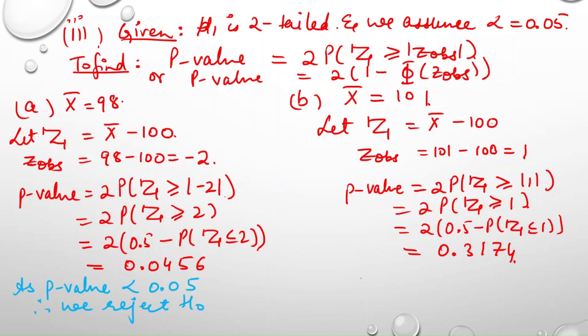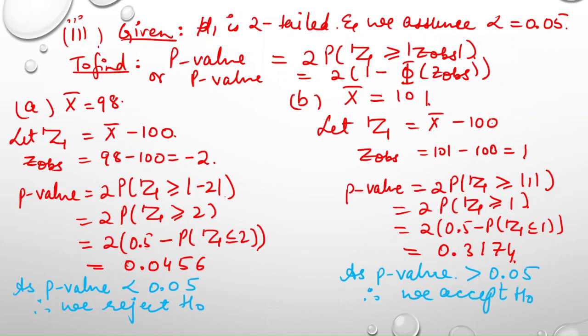In the next case, as the p value is greater than 0.05, we fail to reject it, so we accept our H naught.